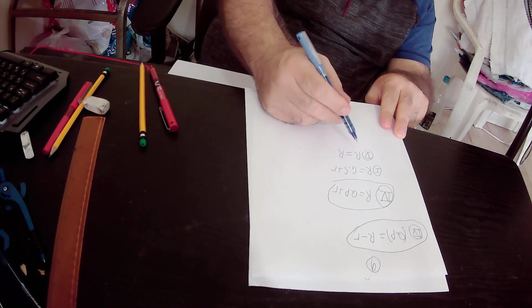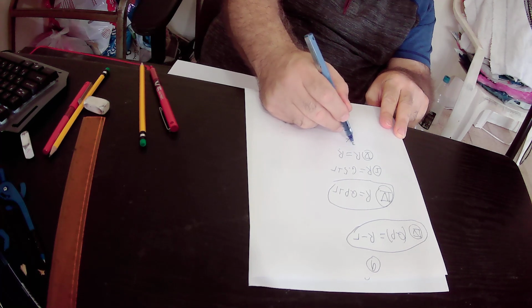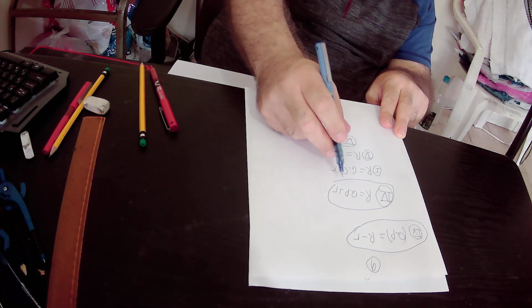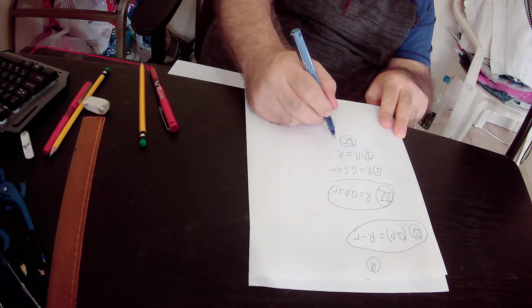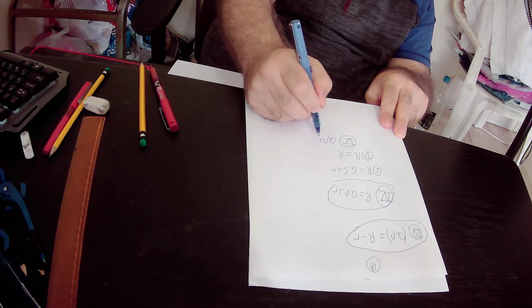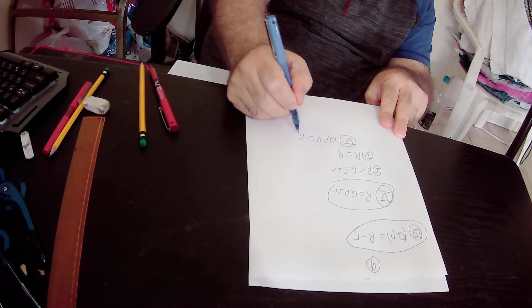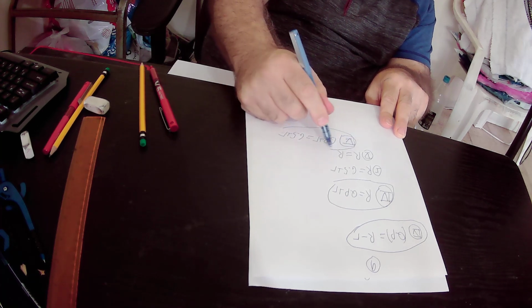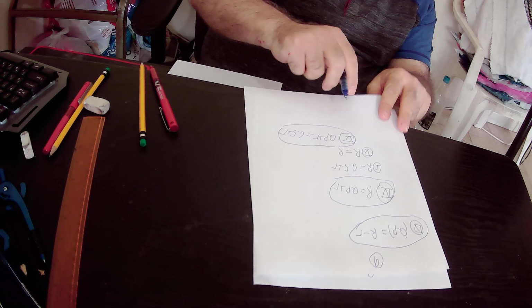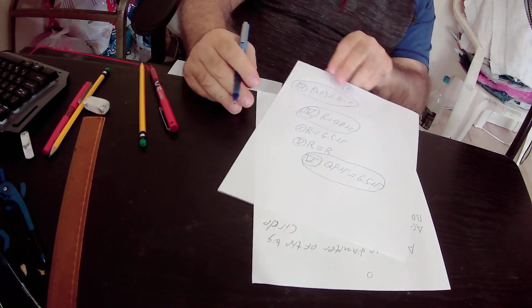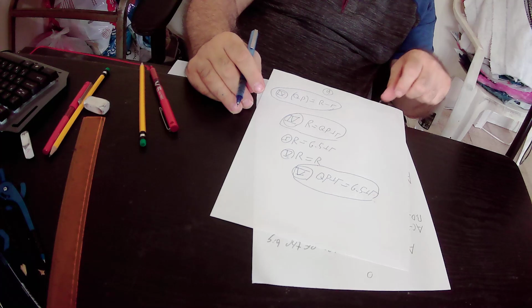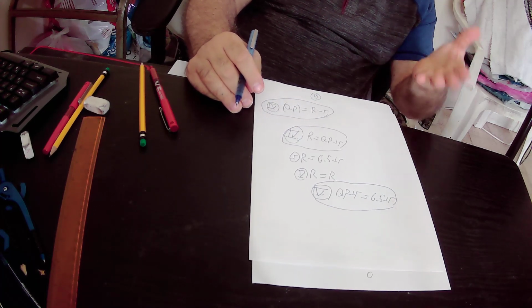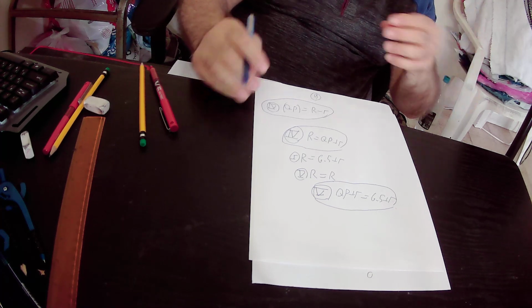We get the equality that QP plus small r equals 6.5 plus small r.